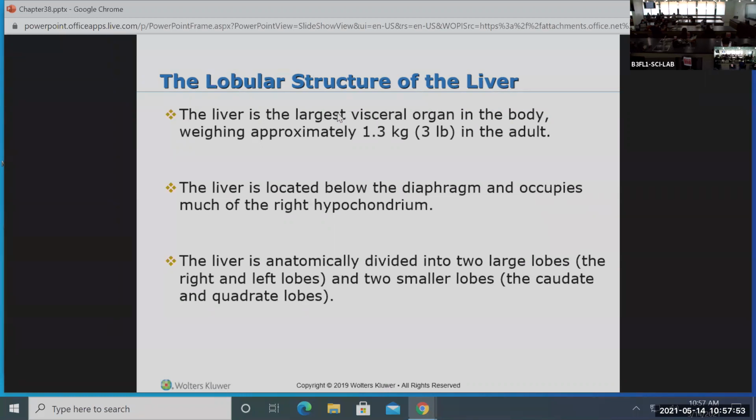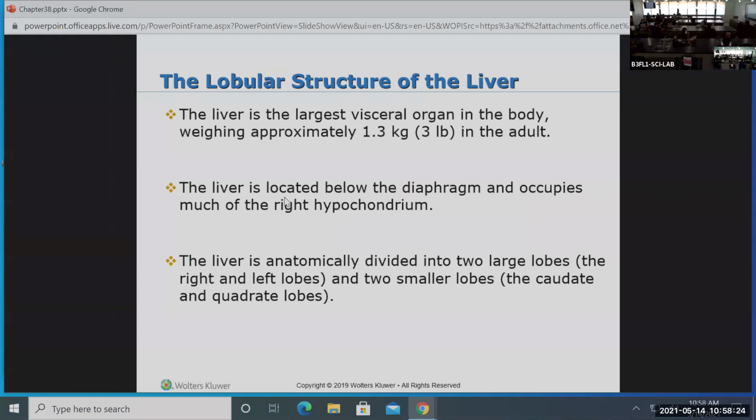The liver is the largest visceral organ in the body, weighing approximately almost 3 pounds in an adult. It is located below the diaphragm and occupies much of the right hypochondrium.